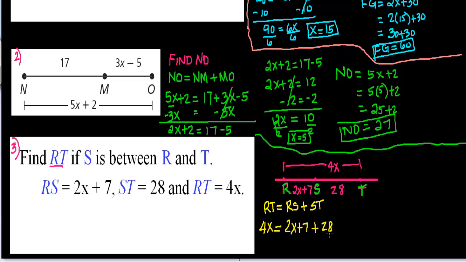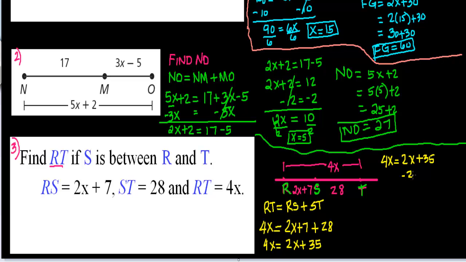I can simplify these two numbers, 28 and 7, and I get 4x equals 2x plus 35. Now I have a variable on both sides of the equal sign. I can join them by subtracting the smallest variable. So I have 4x equals 2x plus 35.